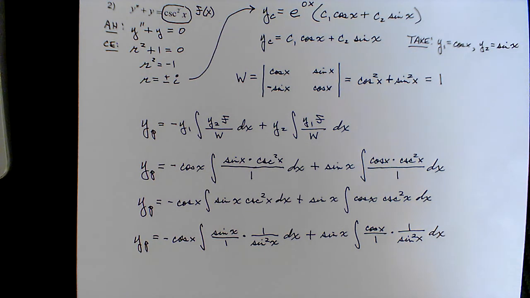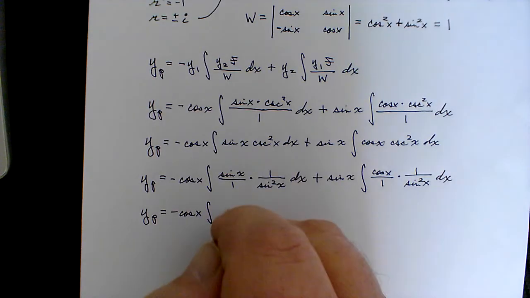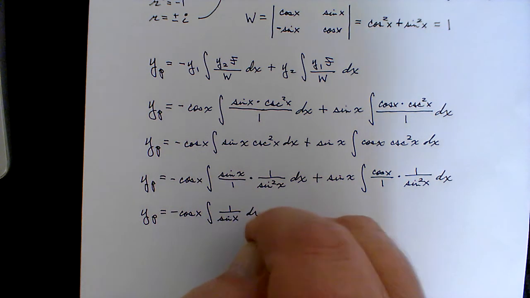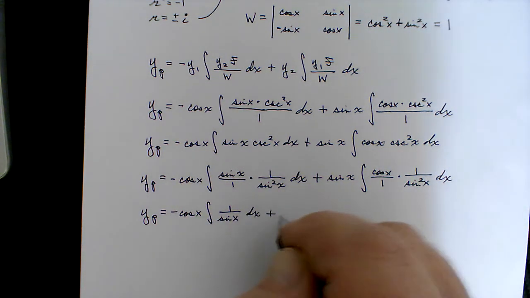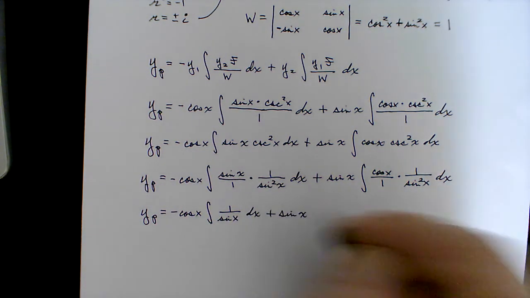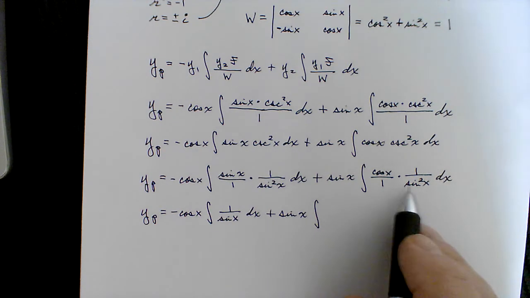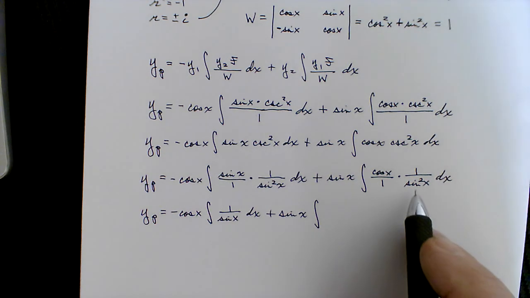And at that point, if we cancel the sines, just recopy minus cosine x integral, cancel one factor of sine there, we're left with 1 over sine of x. And then we have this plus sine of x in the integral of... Okay, we really can't cancel anything here, obviously.